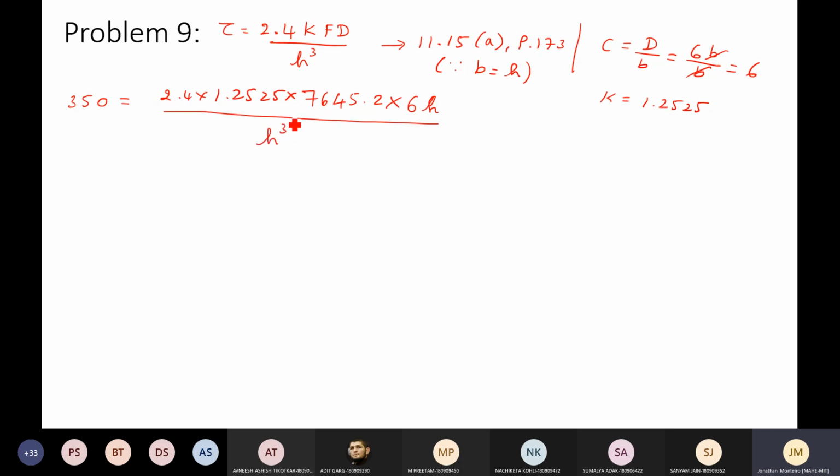Yeah, I think you have followed it. D can also be written as 6 times H. D by B can also be written as D by H because it is a square cross section we are dealing with. So one of these H's gets cancelled, and it is H square here. So solve for H square. How much do you get? So 19.84. Correct.